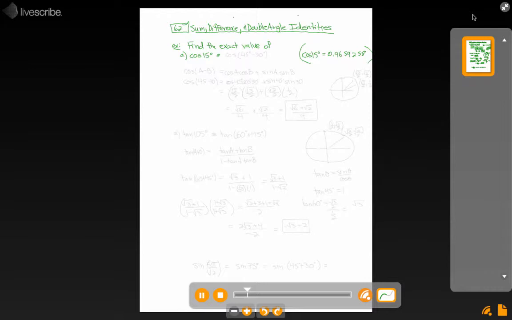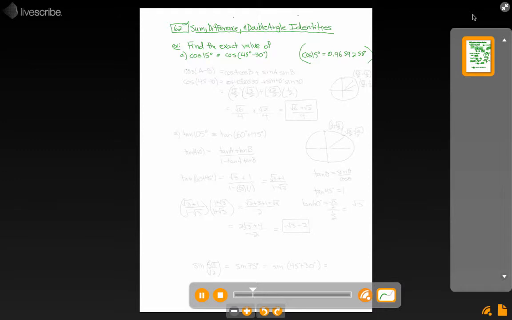So one use of the difference identities we just talked about would be to say, well, if I know two angles that add or subtract to give me 15, and two very simple angles do, 45 and 30, if you say 45 minus 30, you get 15.